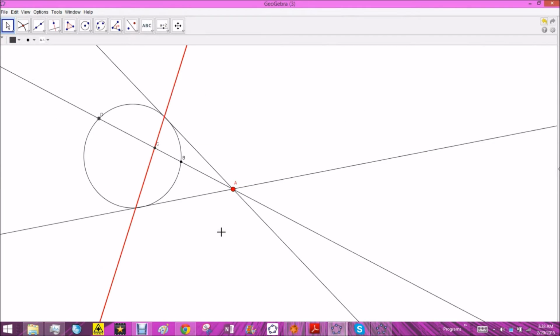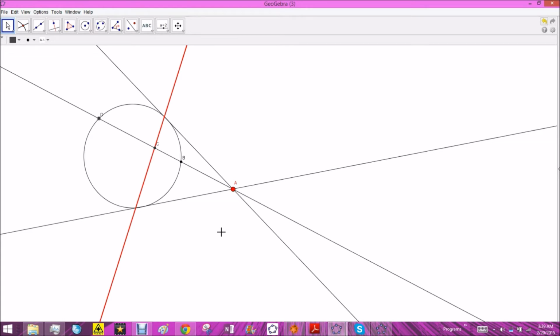Here's an example where harmonic ranges occur. I found this in Norman Wildberger's course on universal hyperbolic geometry, and essentially the idea is this. Take a point A outside of a circle. Now, to find the kind of dual of A, which is like a line, you find the lines out of A which just touch the circle tangentially.